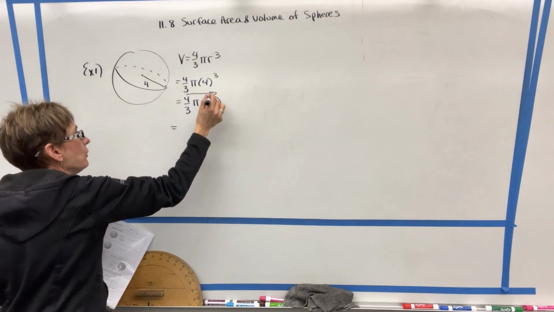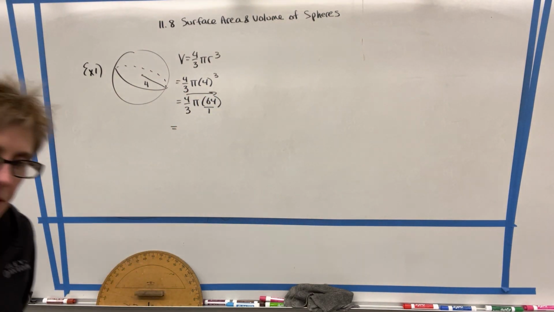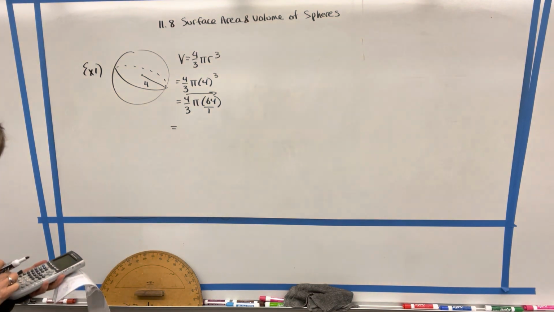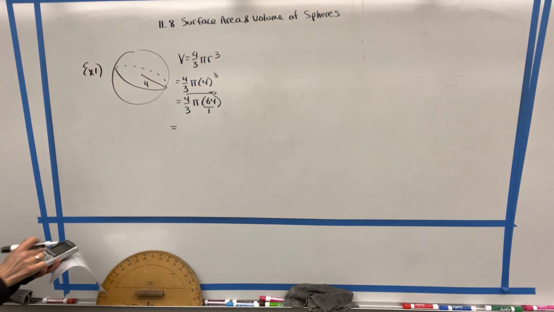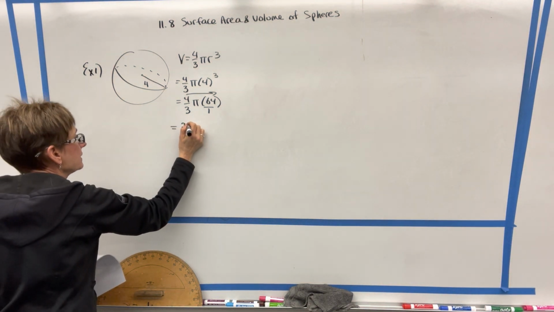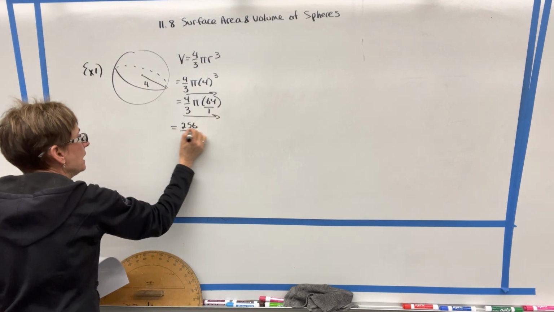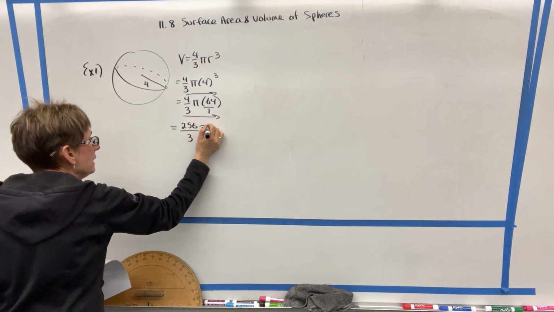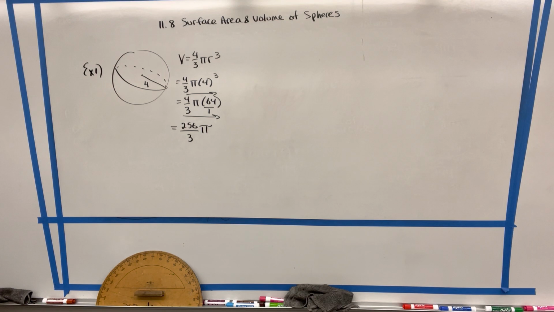So I would take 4 times 64 on the top, and I would get 256. I would have 3 times 1 on the bottom. Now on your SAT exam, they're going to leave the answer that way, 256 over 3 pi.